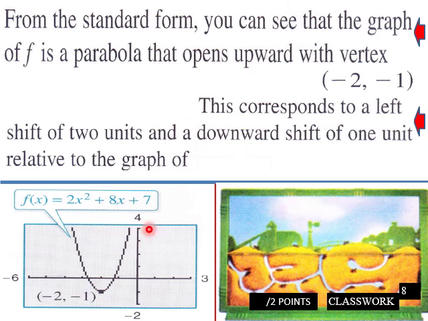So again, there's our vertex after we have factored this out, completing the square here. So y equals 2x squared would be right here. I mean, that's comparing it here to y equals 2x squared. It would go through the origin, and then this is your shift here of 2 units to the left and then 1 unit down.